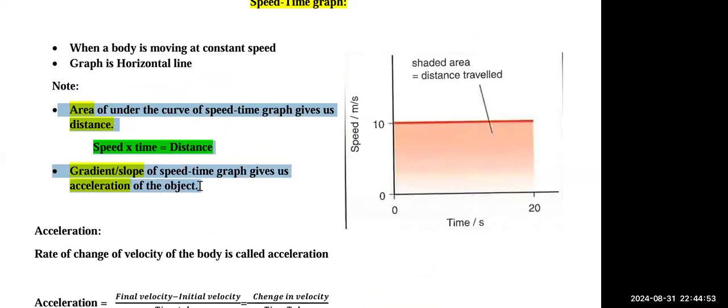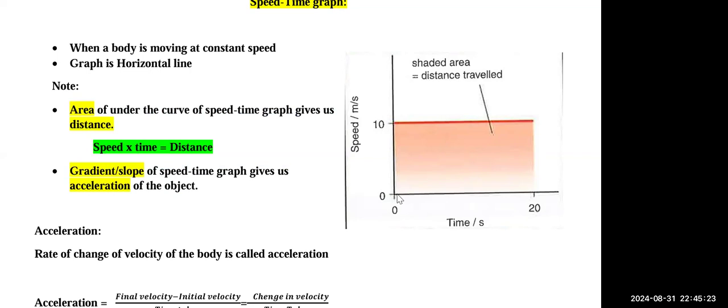If you do not understand these key points, you cannot easily solve past papers of O Levels, IGCSE Physics and Edexcel IGCSE Physics. The area under the curve of a speed time graph gives us distance. For example, this is a rectangle, and you have to find the area under the curve.